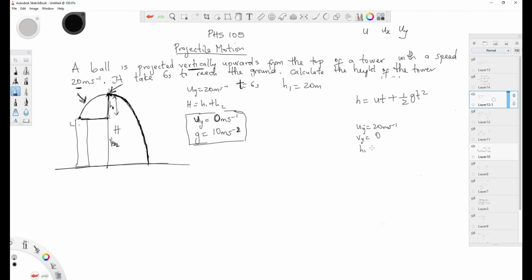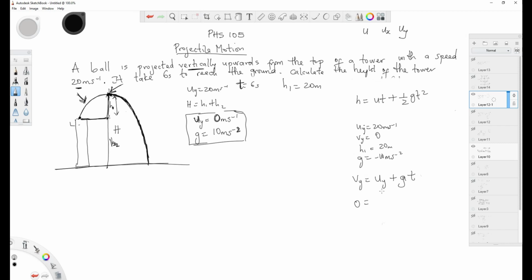I think we already got the height from the previous one, which was 20. We might not even use it. And we have g to be negative 10, isn't it? So let's get t. We can use v equals u plus at. We can use plus gt, sorry.